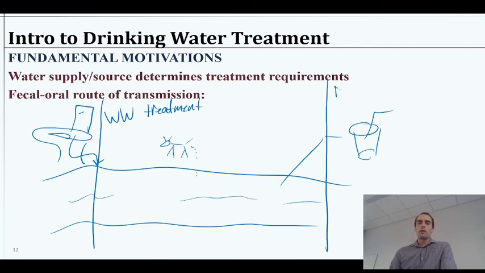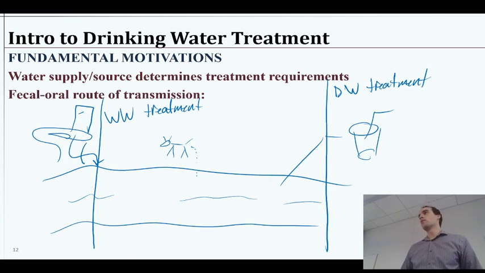And so this would be our drinking water treatment. Okay, so that's the quick and dirty version of why we care, right? There is more to it than that, but really the fecal-oral route of transmission, as funny as it sounds, is quite important and is one of the bases with which we consider our systems to design and to ensure our safety.